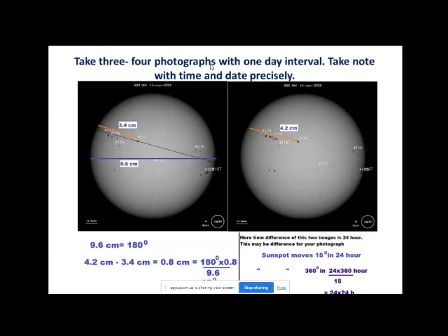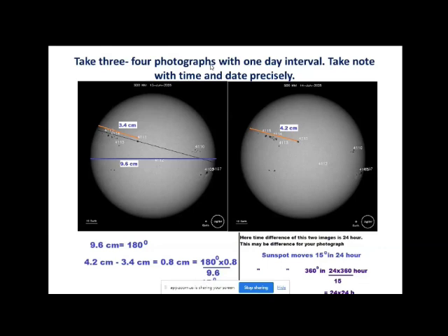It is not very essential to fix the time exactly the same on 13th June and 14th June. If we miss the actual time, don't worry.